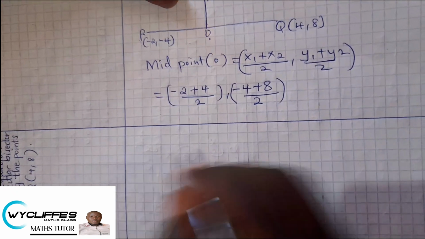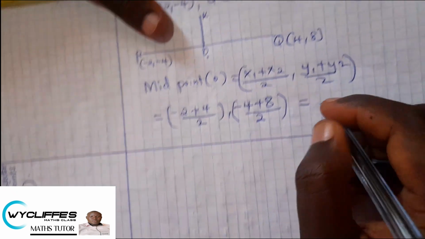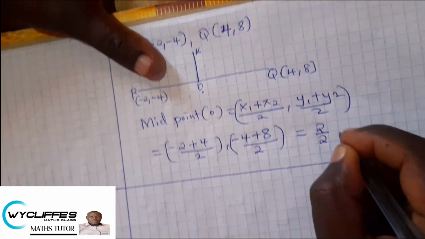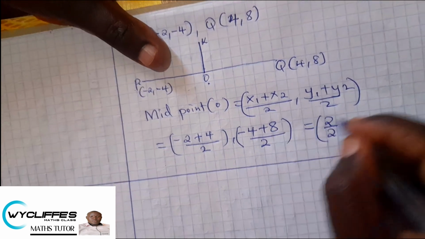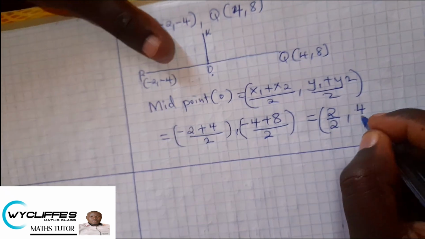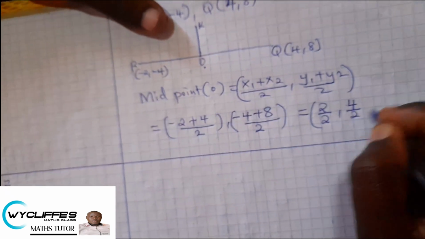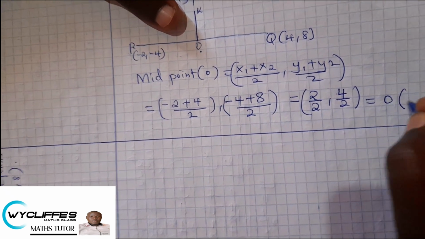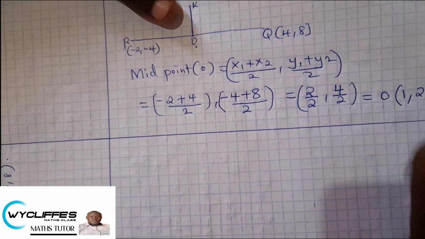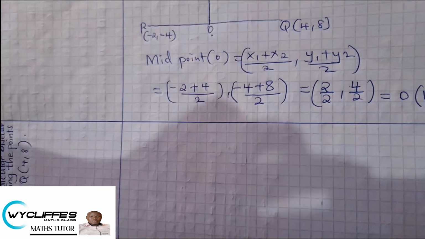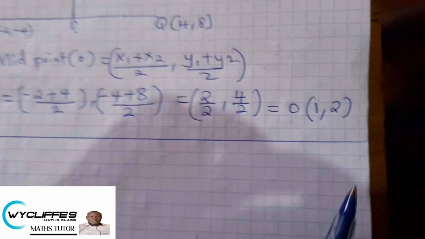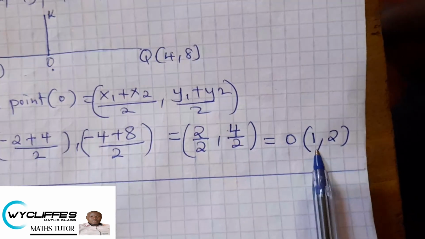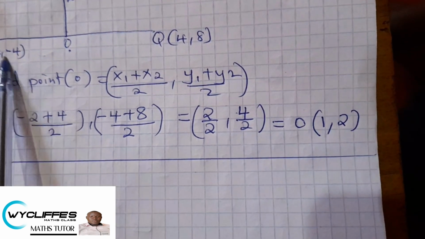That is -2 plus 4 gives +2 over 2, and -4 plus 8 gives +4 over 2. So the coordinates of point O are (1, 2). That is the midpoint of the line PQ.